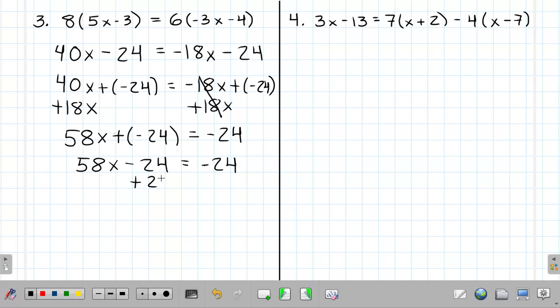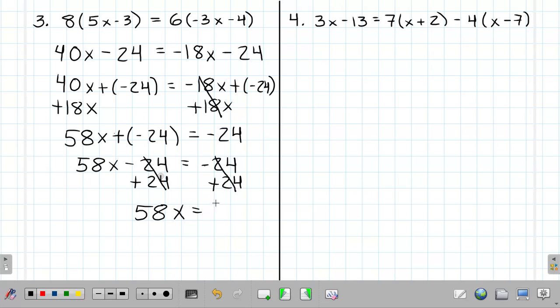So then we just do the step of adding 24 to both sides. Once again, the whole point is to get rid of those 24s, and minus 24 plus 24. So we have 58x is equal to -24 plus 24. Once again, those go away, but what happens when something goes away?